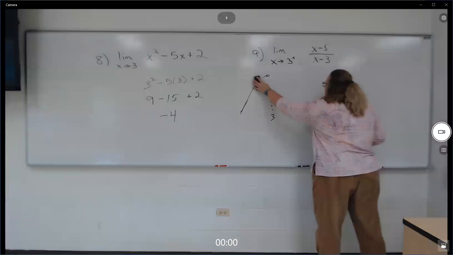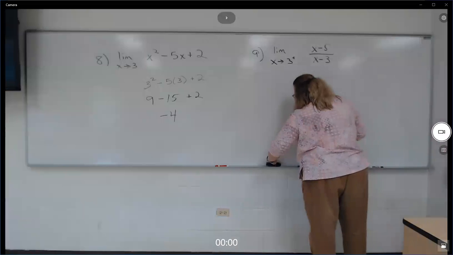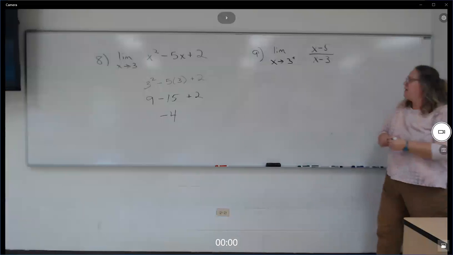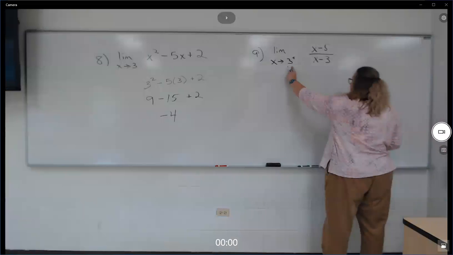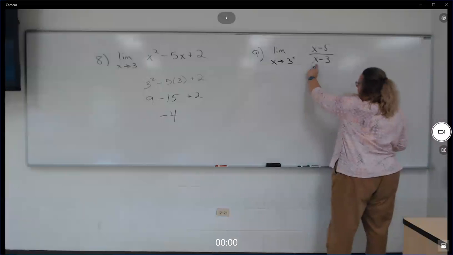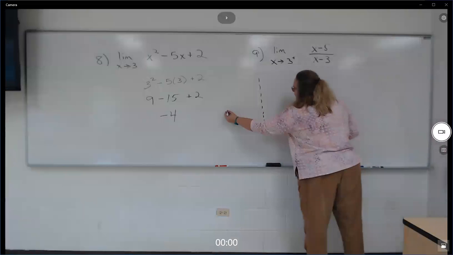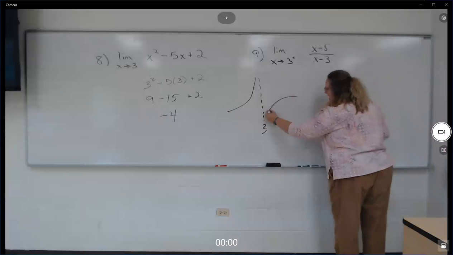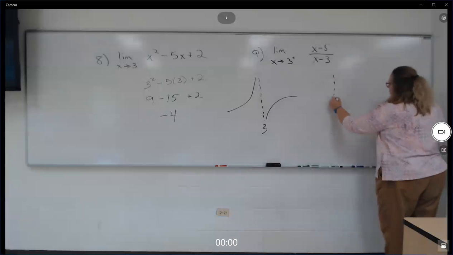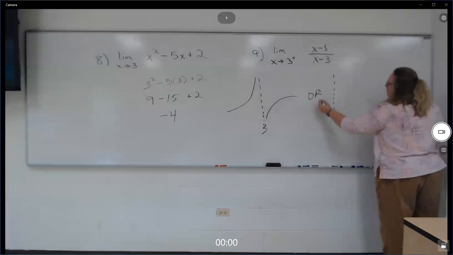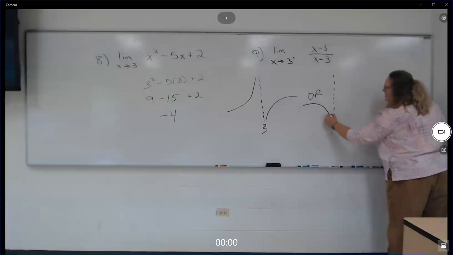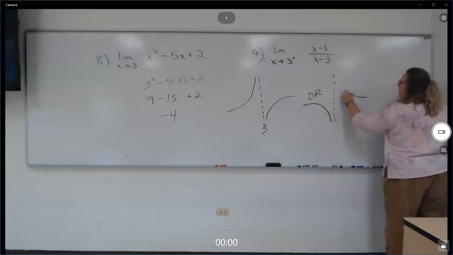This one's not going to be worth a ton of points, but there's a lot you have to think about in your head. You have to realize that this is only making the bottom 0, so I have to have an asymptote at 3. And so the graph is going up and down, or the graph is going down and then up.